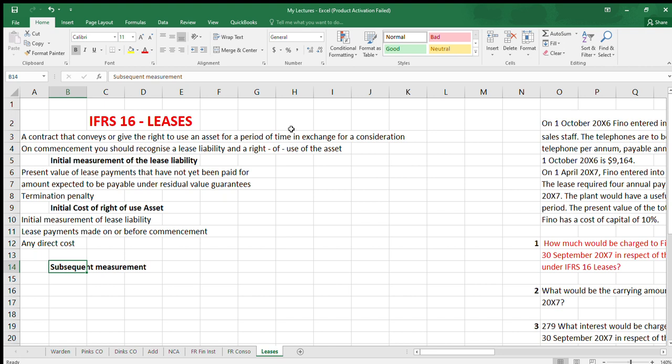You see, after we have recognized this one, it is recognized at the beginning of the lease term. These ones are recognized at the beginning of the lease term. But this one, we want to know how much we pay every year. So if the lease is for 5 years, we want to account for what every year goes into the lease agreement. Are you getting me?